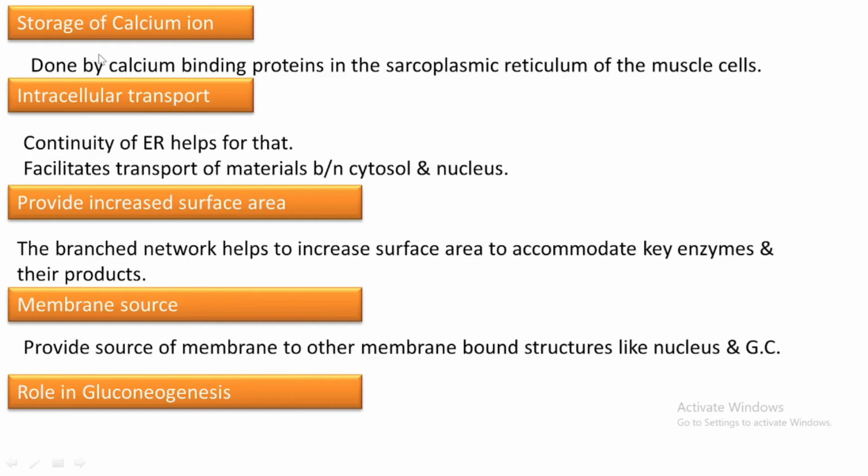Storage of calcium I already explained; it is done by the sarcoplasmic reticulum of muscle cells. Intracellular transport is possible because of the continuity of the endoplasmic reticulum. I already told you that it is a continuous network from the nucleus to the plasma membrane. So in that way, it can help intracellular transport.